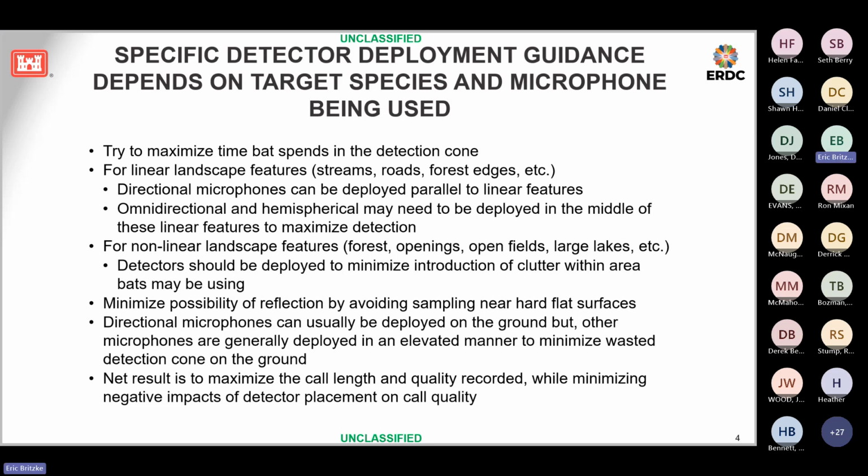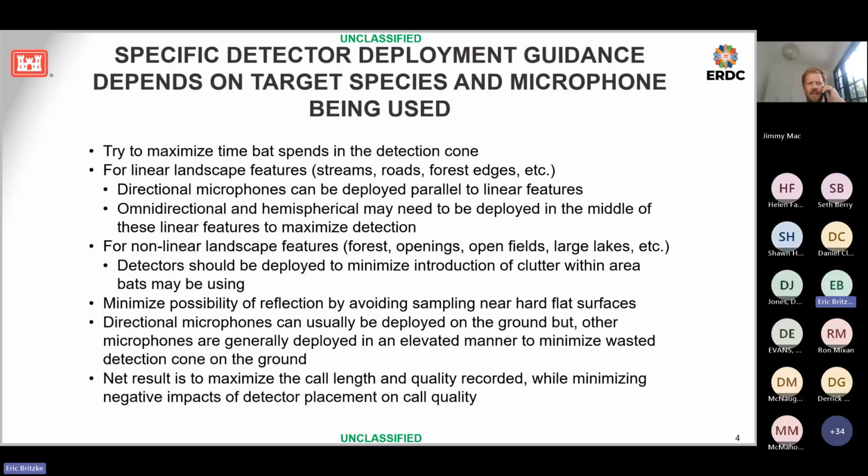Linear landscapes are very easy. Then there are non-linear landscape features, like forests, openings, and large lakes. With those, because bats aren't necessarily focused in a certain flight path, we can focus on placing detectors so that we reduce the amount of clutter within the detection cone.